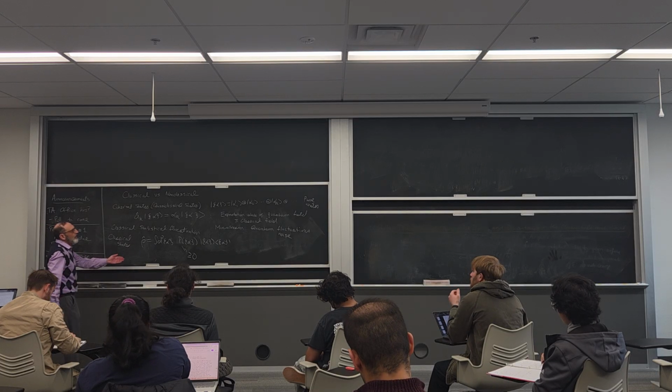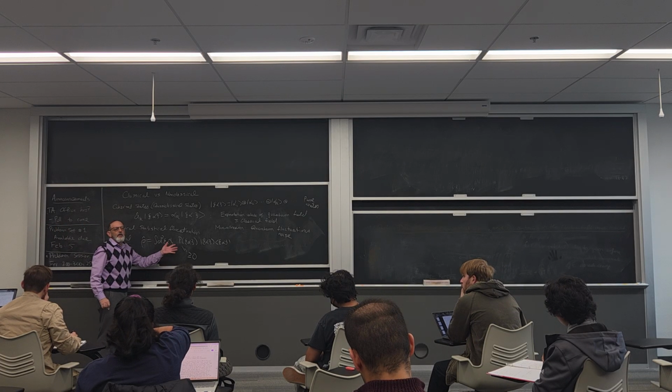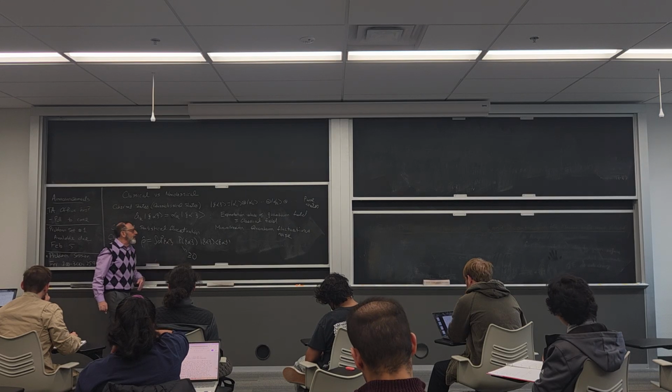So this is a statistical mixture of occurrences, and these are the classical fluctuations.